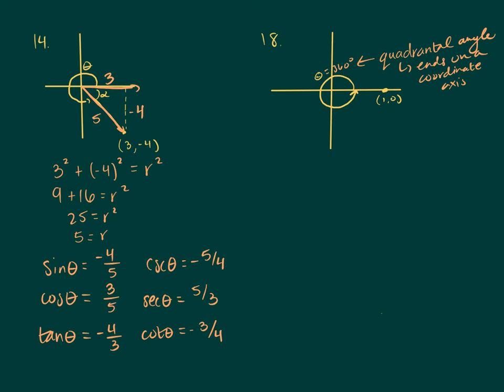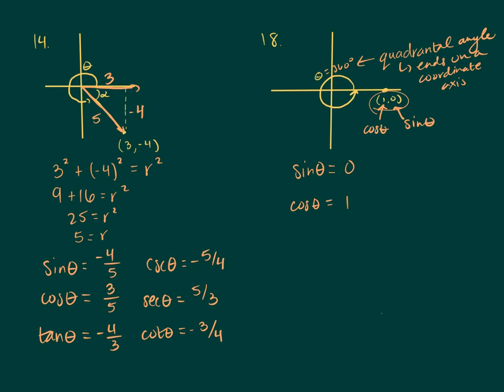If you notice, the point value here is (1, 0). However, there is no triangle to go with this. Okay, so you assign cosine theta to the x value and sine theta to the y value. So going off of that, sine theta is 0, cosine theta is 1.